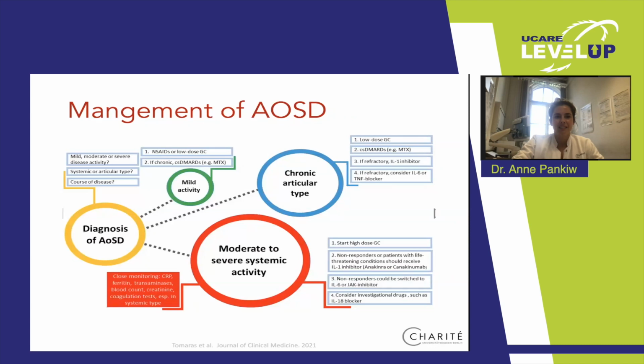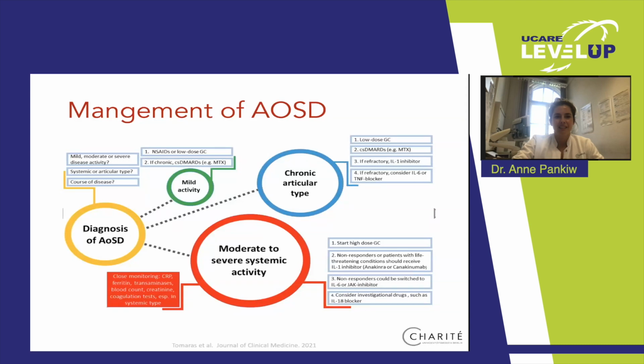First of all, we have to separate the mild activity, the chronic articular type, and the moderate to severe systemic activity. If we have a mild activity, we can treat the patients with NSAIDs or low-dose glucocorticoids.